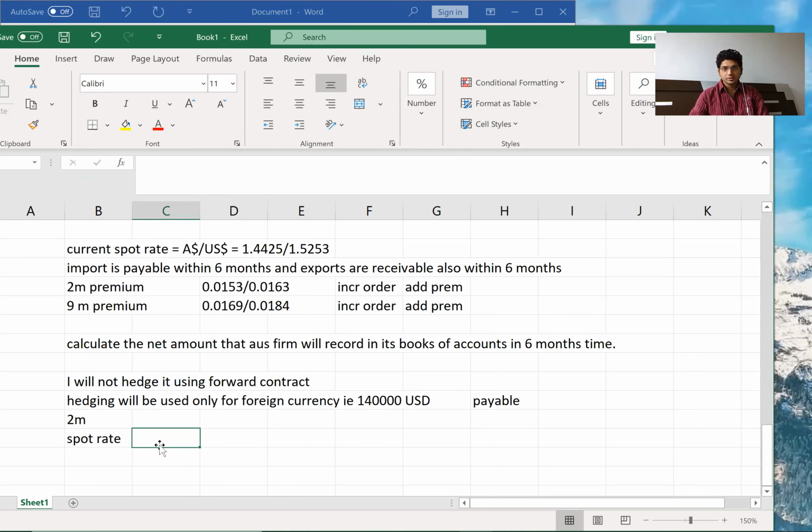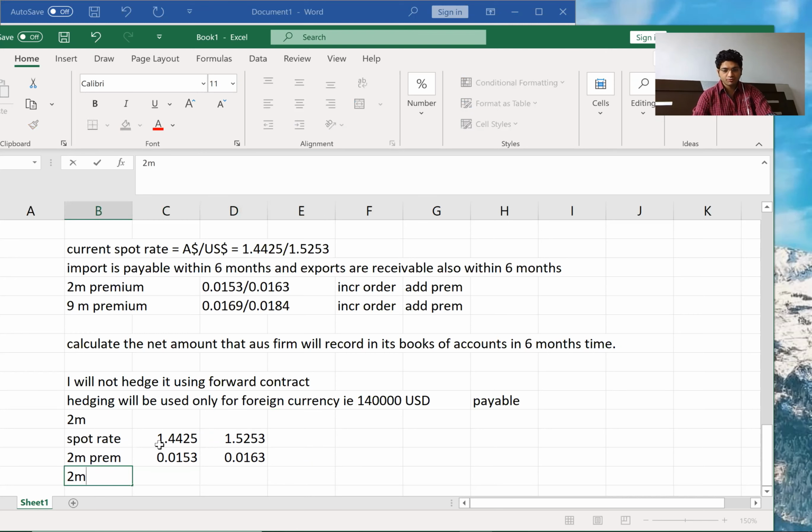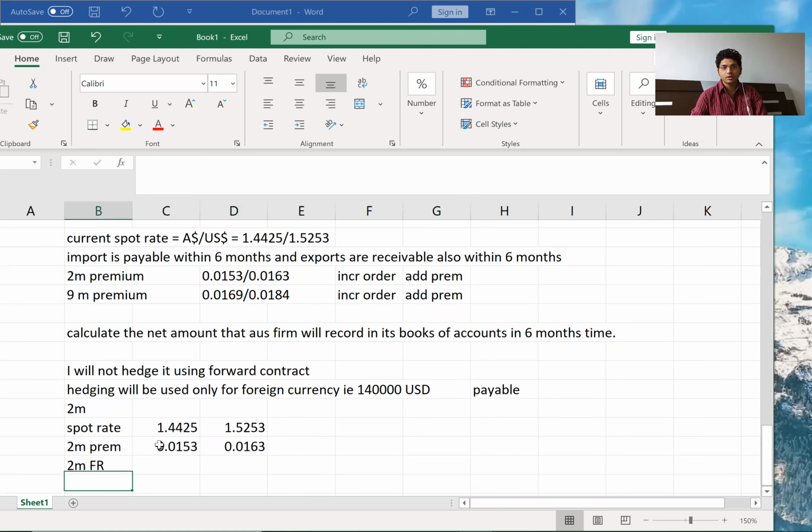The spot rate is 1.4425 slash 1.5253, correct? The 2 months premium is 0.0153 and 0.0163, correct? So that will give me the 2-month forward rate.